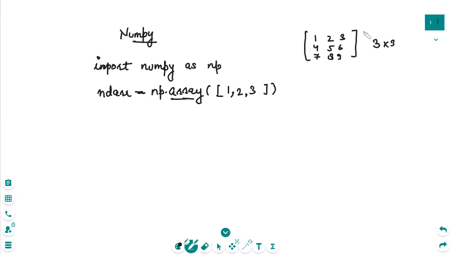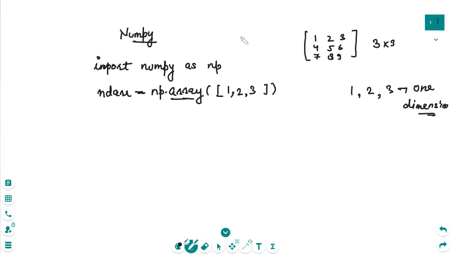Suppose that now the output will be 1, 2, 3. There is no column in this array, right? Okay, this is a 1 dimensional array. Is it clear? Yes, it's clear. Okay.